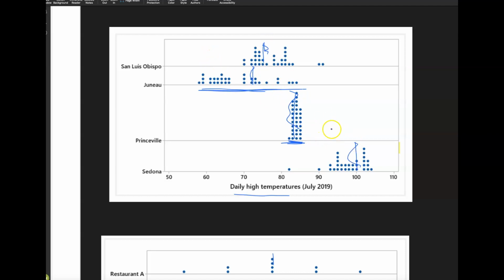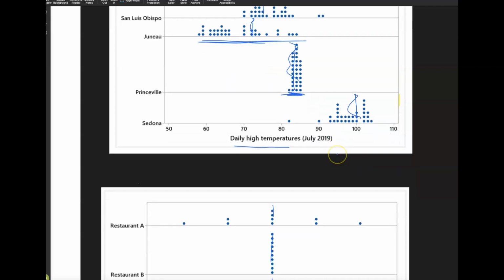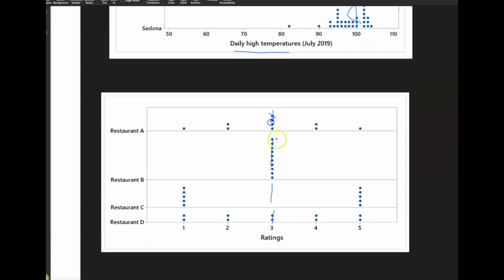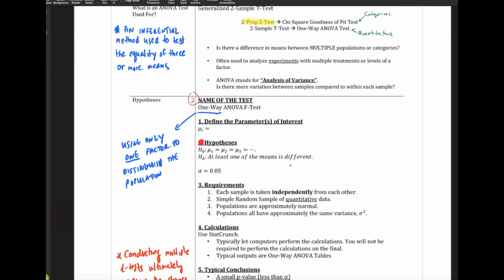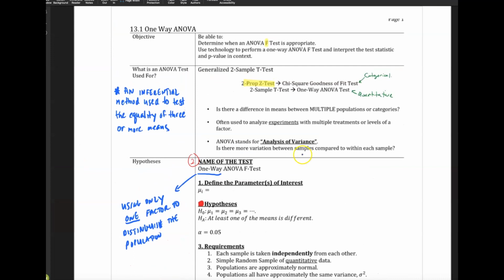These have different variations between them, and their means look a little different. Here, the variations between them look almost like their centers are around the same. That's the idea we're talking about, and that allows us to do this analysis of variance.